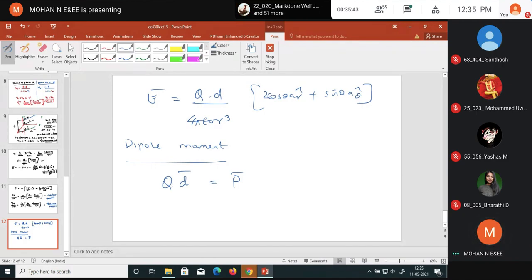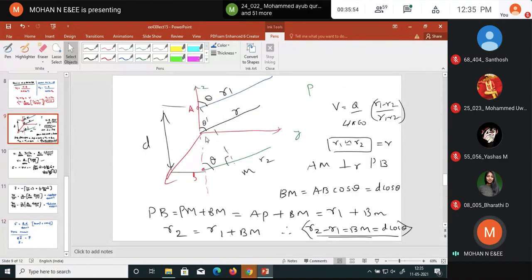Yes. So let us derive some expression for the dipole moment. Let my D vector in this case be along the Z axis.